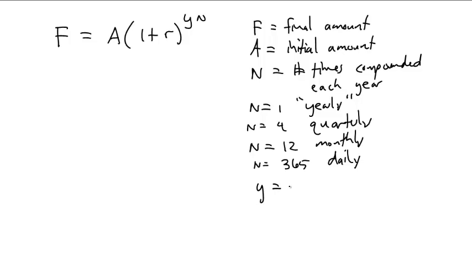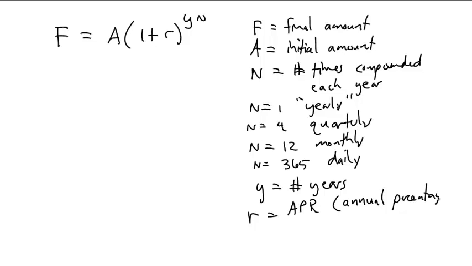Y is the number of years. And R, here's the thing. R is the APR, the annual percentage rate, divided by N. This is called the periodic interest.